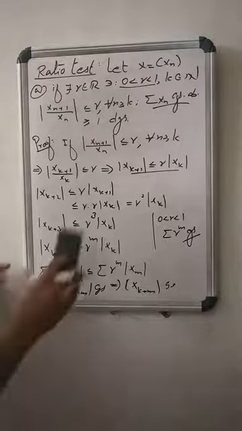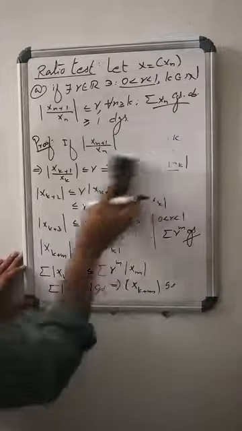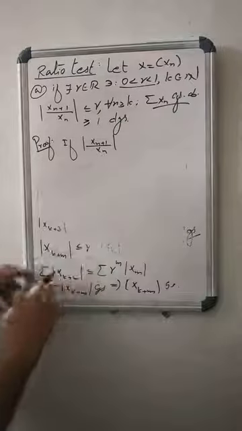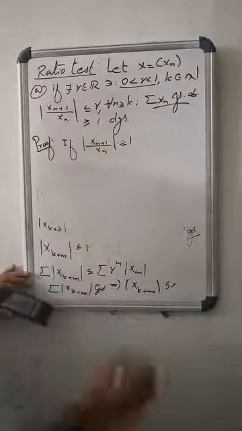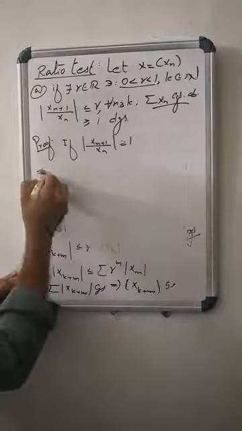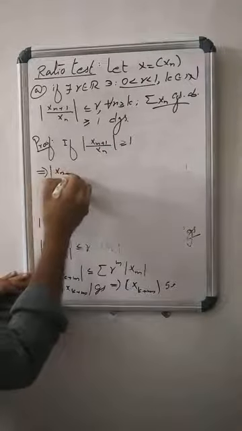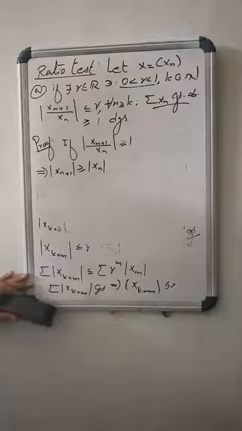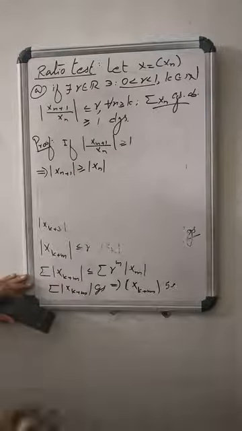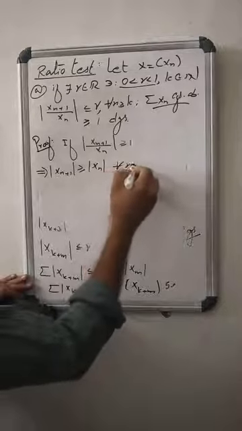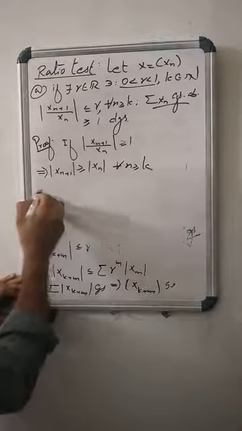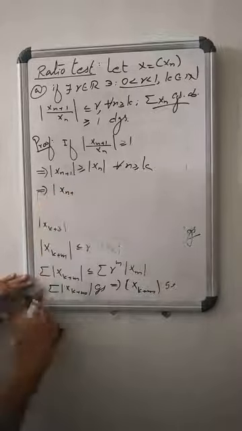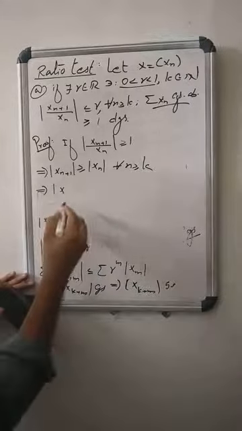How to prove that one? Consider modulus of xn+1 by xn greater than or equals 1. That means modulus of xn+1 is greater than or equals modulus of xn, for all n greater than or equals k.